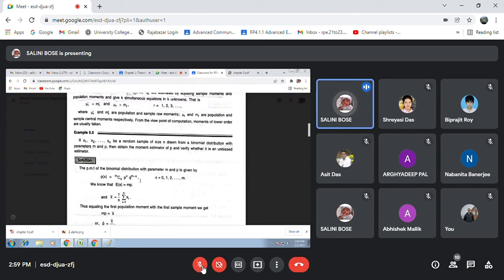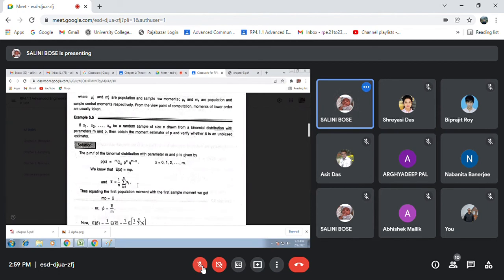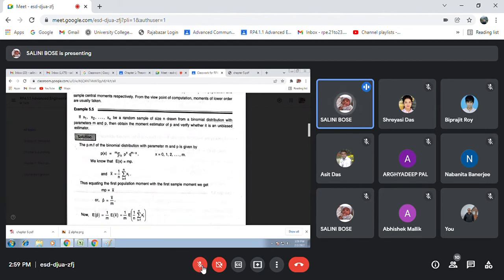The two parameters are m and p. And we know this formula, that the expected value of X is equal to mp. E of X is equal to mp. And similarly, in terms of the sample, you know that x bar is equal to 1 by n summation of i equal to 1 to n xi.